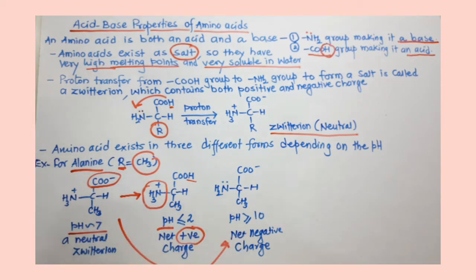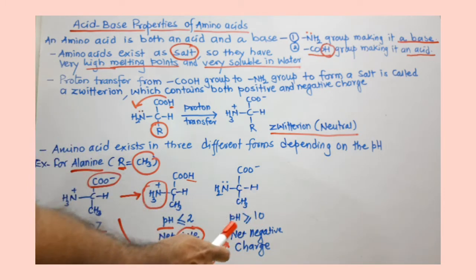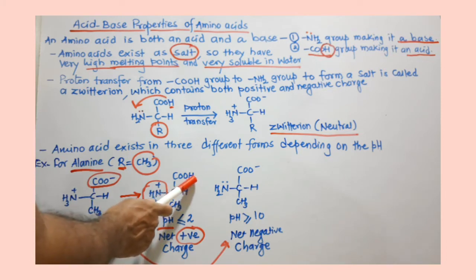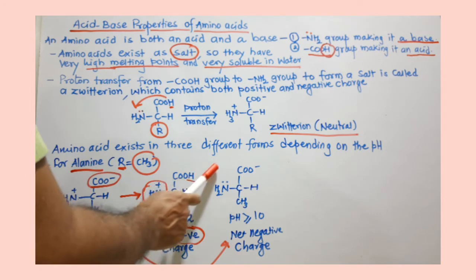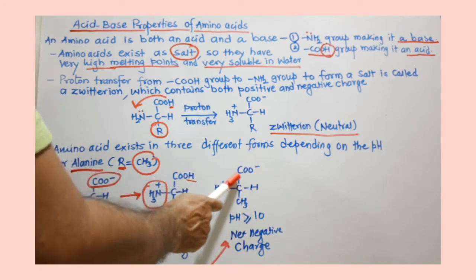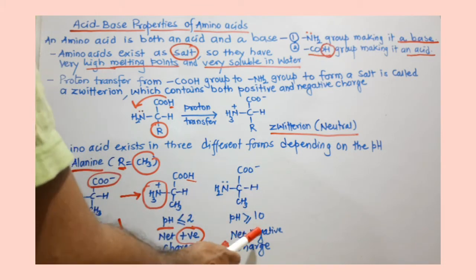And when strong base is added, you know that when base is added, the pH increases, more than 7. In the case of alanine, if the pH is 10 or more, this proton is removed. When this proton is removed, the positive charge is gone, and a negative charge is developed. So the net charge on the amino acid is negative.